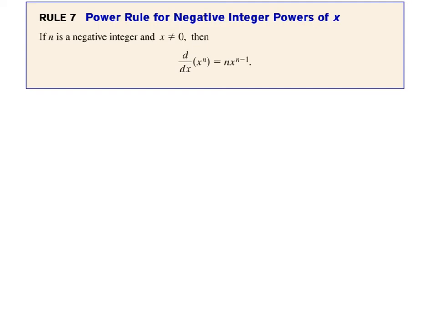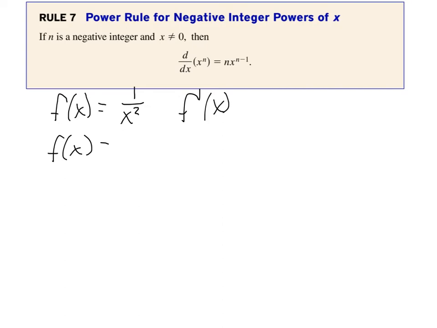Let's try it. If f of x equals 1 over x squared, what is f prime of x? Well, we could rewrite f of x using a negative exponent to be x to the negative second power.